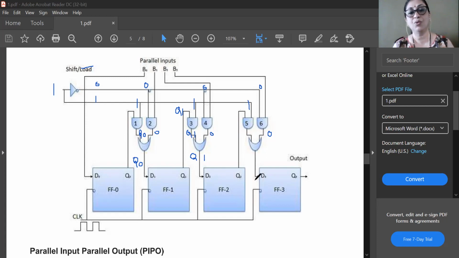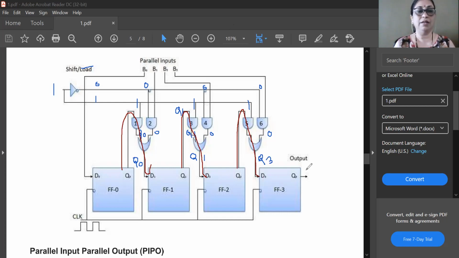In a similar way, Q2 is connected to D3. Okay, so in this way the connections are there. I will draw this with another color so that you will come to know it is as if you are connecting through these gates to this input. Similarly, as if you are connecting this through this gate here. Similarly, it is as if we are connecting with a simple wire Q2 to D3. So now these are your connections.